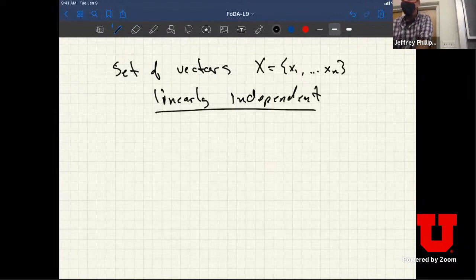So now I'm not measuring a set V against another vector. I'm saying these vectors themselves are linearly independent if the following property holds.